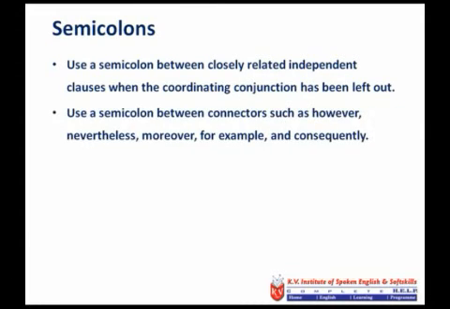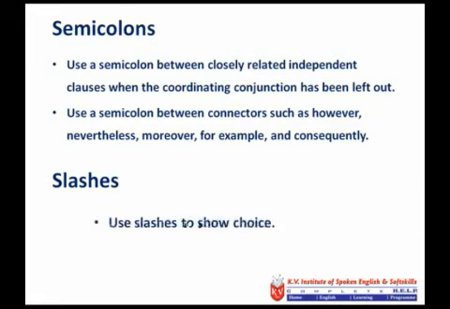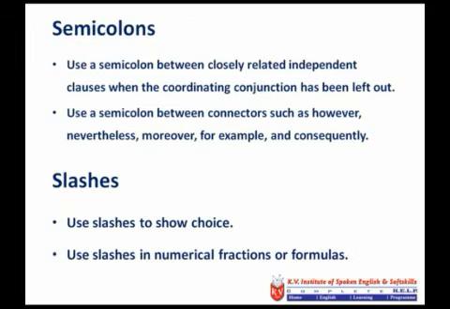You need to also use a semicolon between connectors such as however, nevertheless, moreover, for example, and consequently. Now let's see slashes. You need to use slashes to show choice. You also need to use a slash in numerical fractions or formulas.